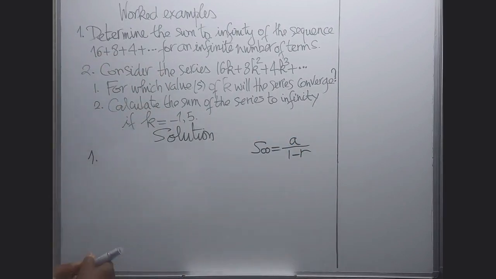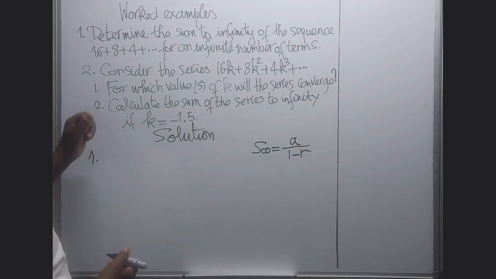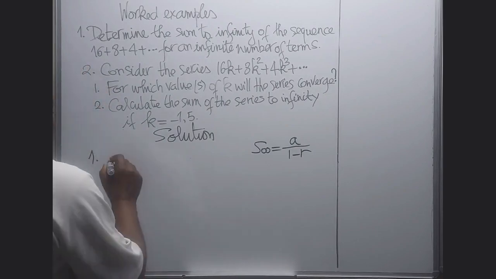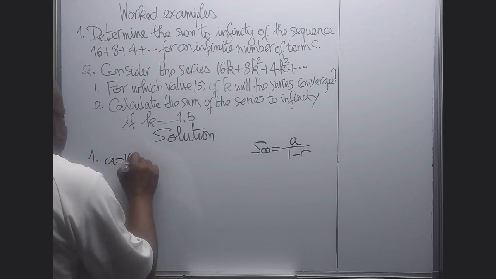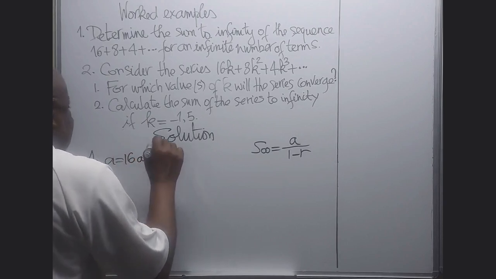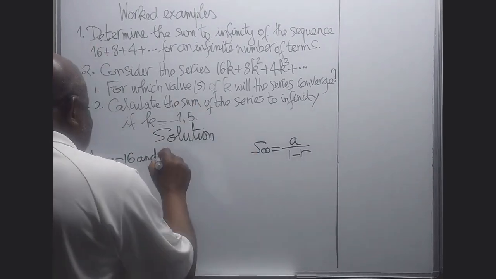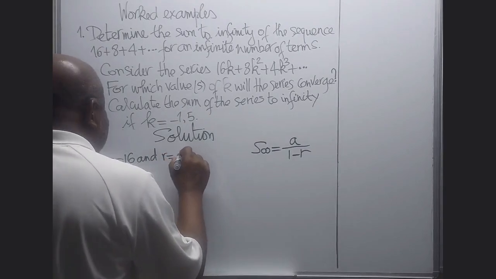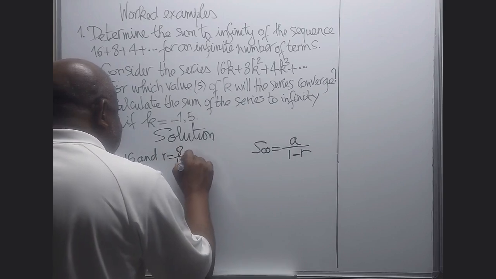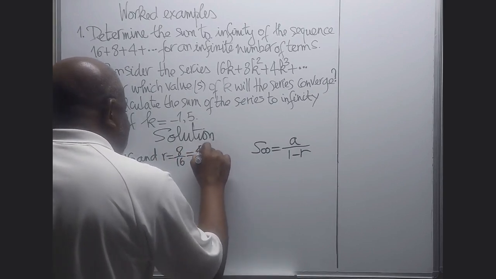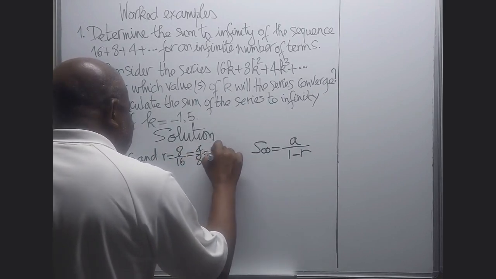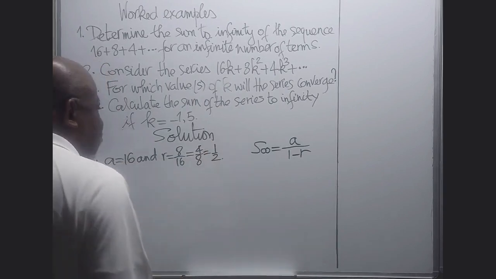of our sequence. So we will start by getting the first term, 16, and the common ratio R is equal to 8 over 16, which is equal to 4 over 8, and this will give us 1 over 2.